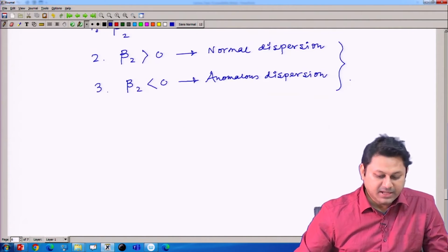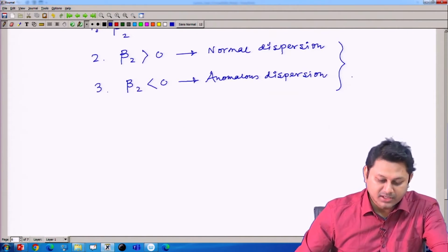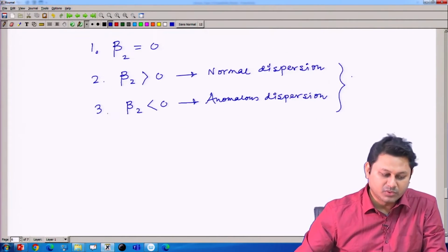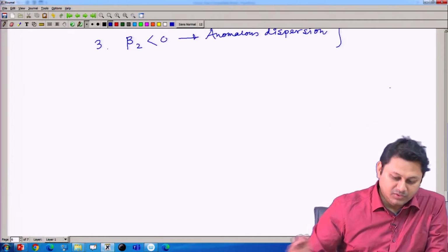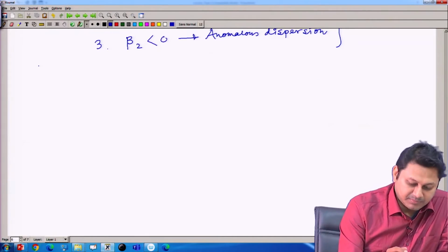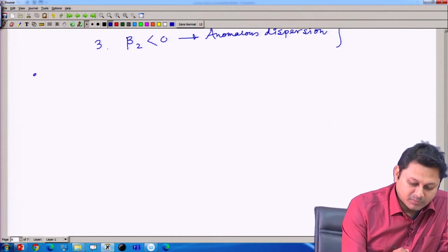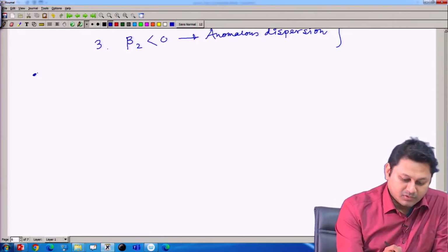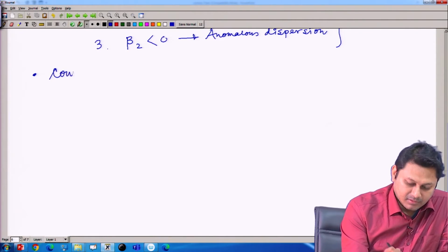Well, after that we need to understand the first condition, beta 2 equal to 0. This is called the zero dispersion. It is a very, very important concept in the pulse propagation problem. So, let me write it as the concept of zero dispersion.